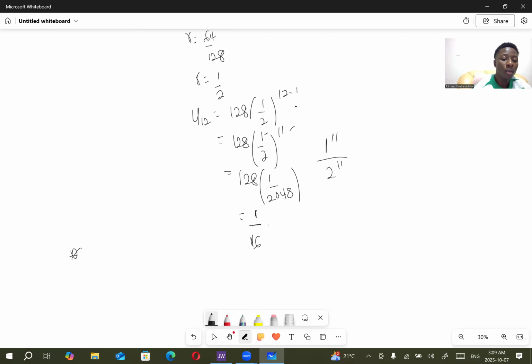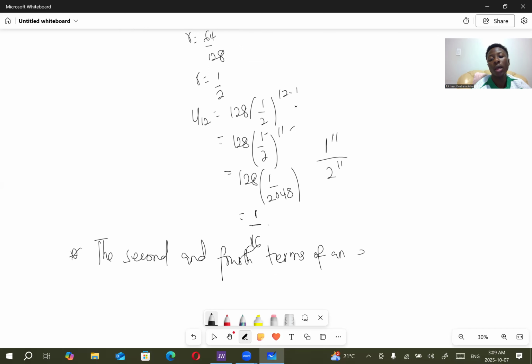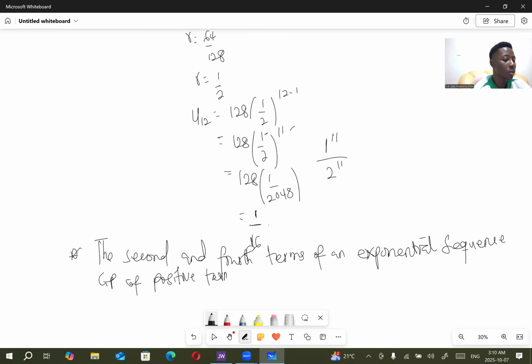The next one. The second and fourth terms of an exponential sequence, that's GP, of positive terms are 9 and 4 respectively.